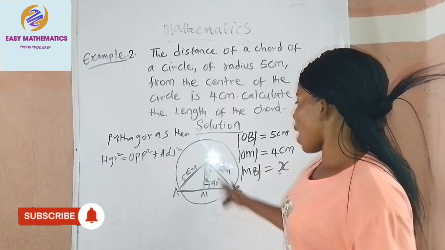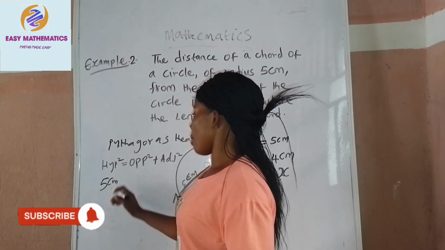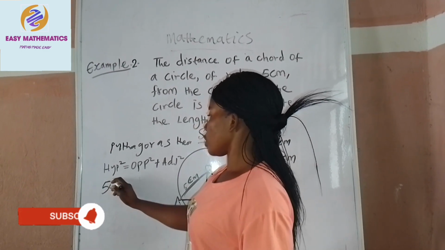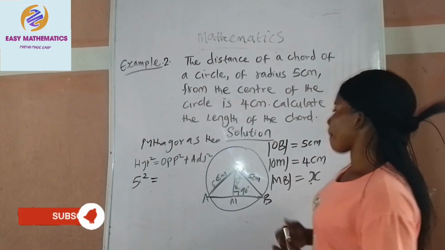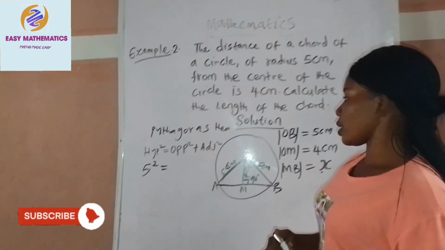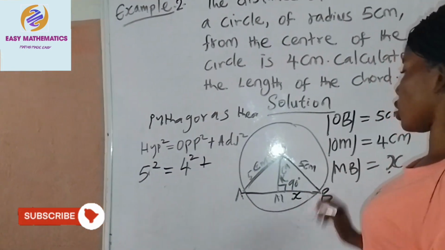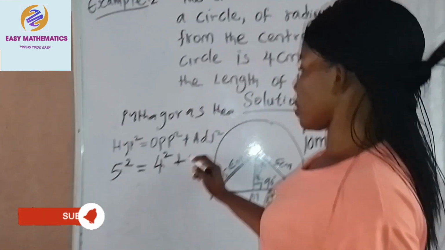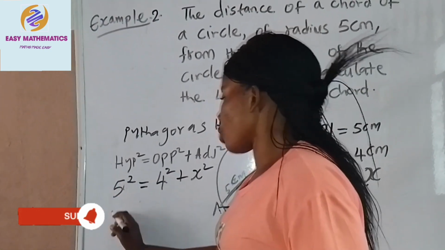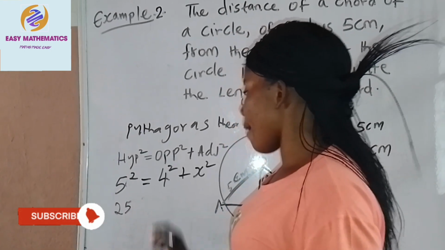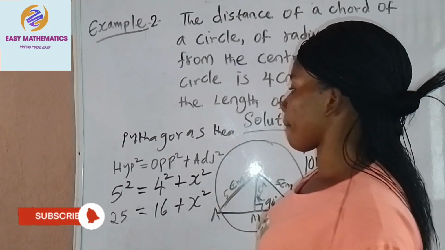Now, our hypotenuse is 5 cm, which is 5 square, is equal to our opposite, 4 square, plus the adjacent, which is not given, which is x. So here we say 5 square gives us 25, is equal to 16 plus x squared.